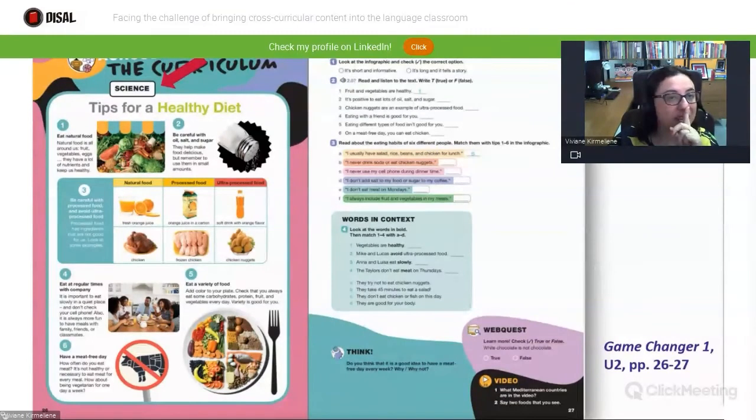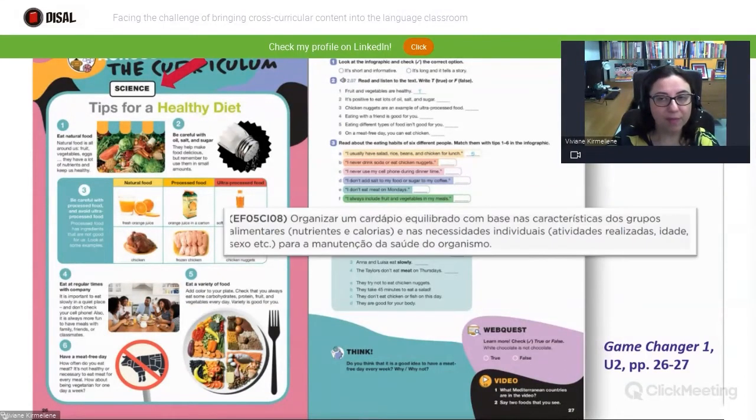But how did we come up with this topic? How am I sure that students would be able to cope with this topic? I went to the BNCC to write this lesson. In 5th grade, which is before this level, let's say Game Changer is used in private schools in 6th or 7th grade.